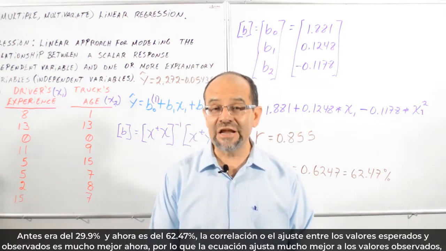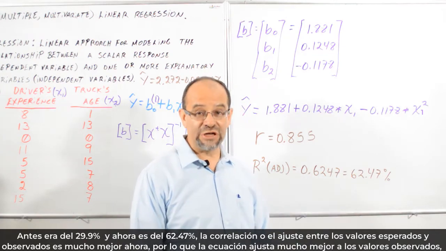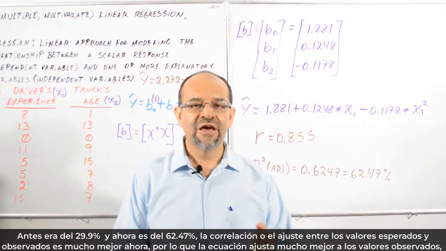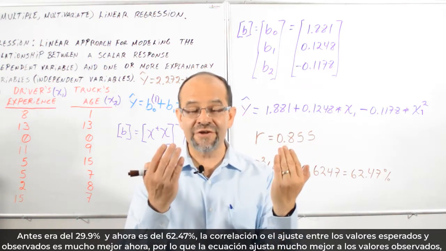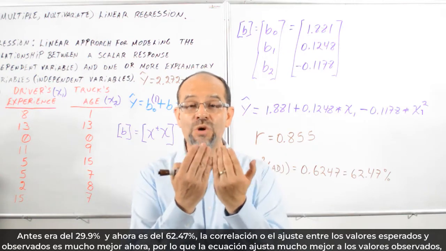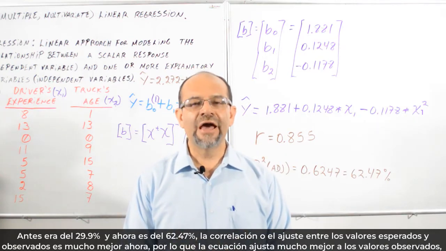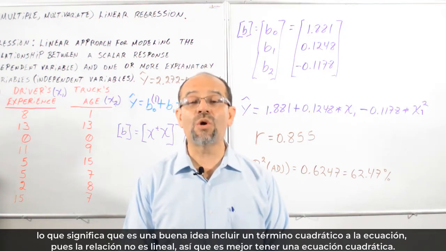Before it was 29.9%, now it is 62.47%. The adjustment between the expected and the observed is much better now. Now the equation is fitting the observed values in a better way, which means that it is a good idea to include a quadratic term.